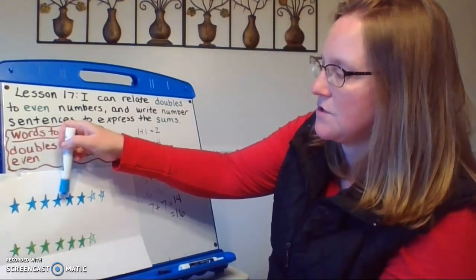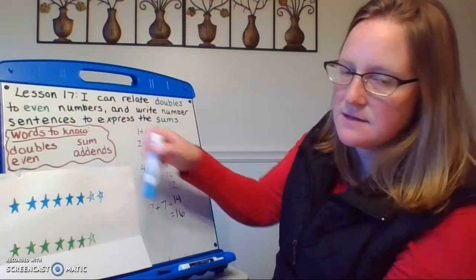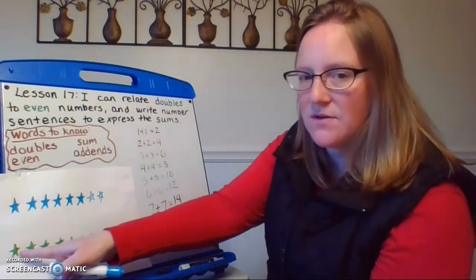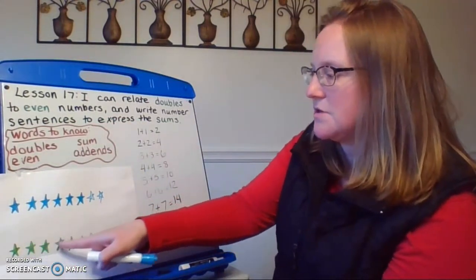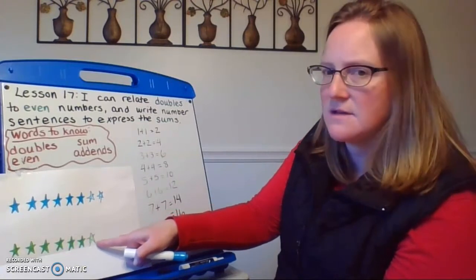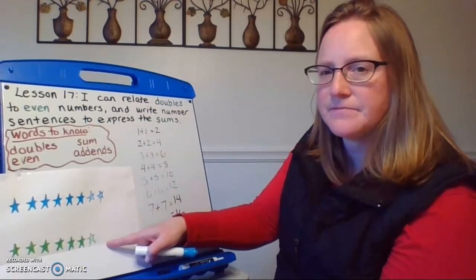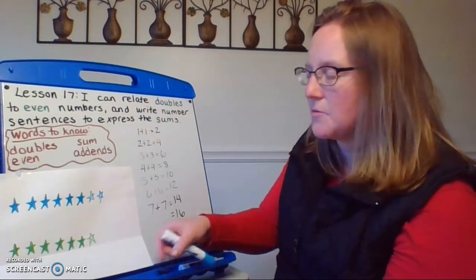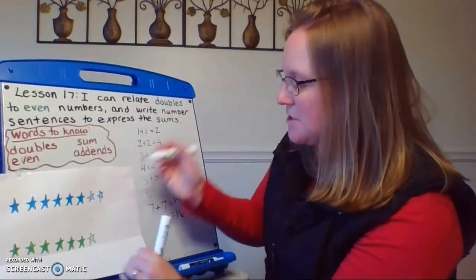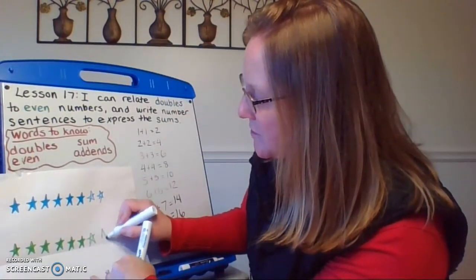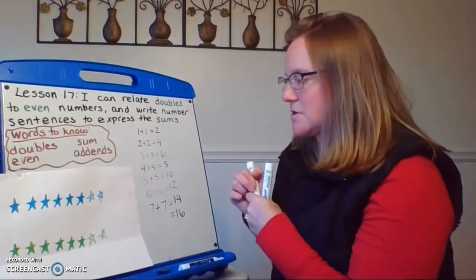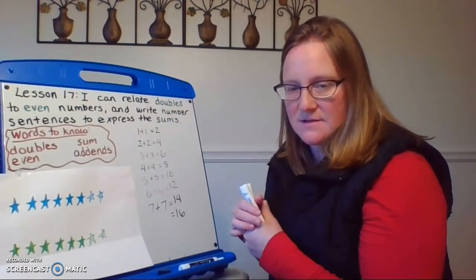Okay, so now I have to add 1 more star here to have what? 1, 2, 3, 4, 5, 6, 7, 8. And I have how many in this one? 1, 2, 3, 4, 5, 6, 7. Are these equal groups? Are they even? No. So I have to make sure my groups are equal groups to make sure my answer is even.